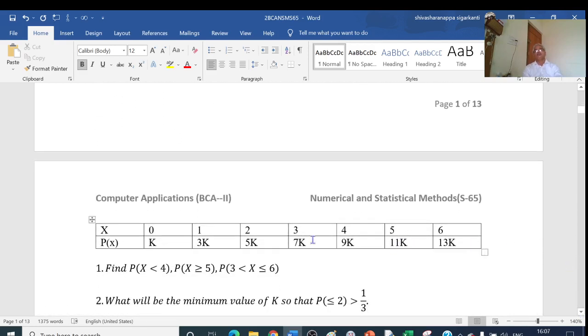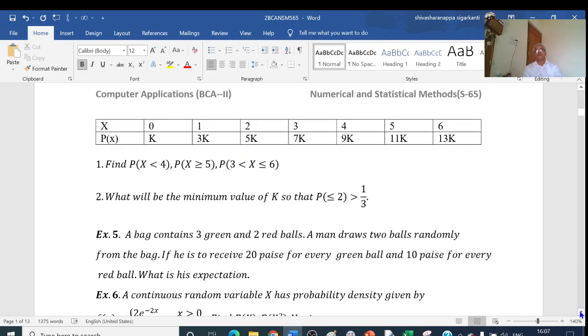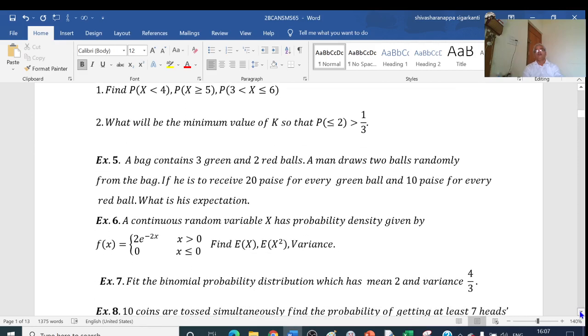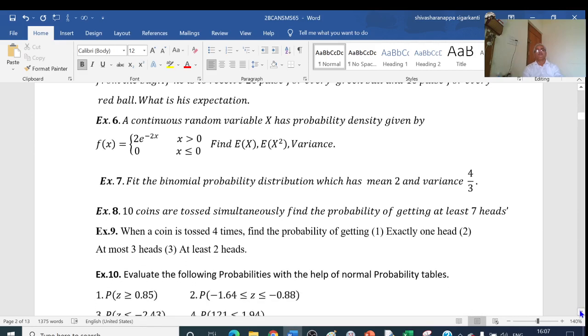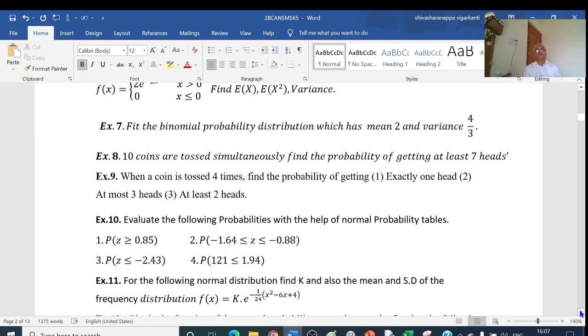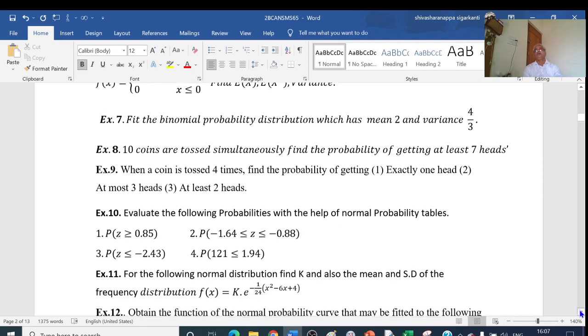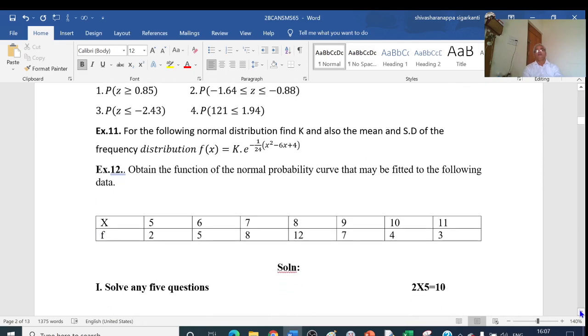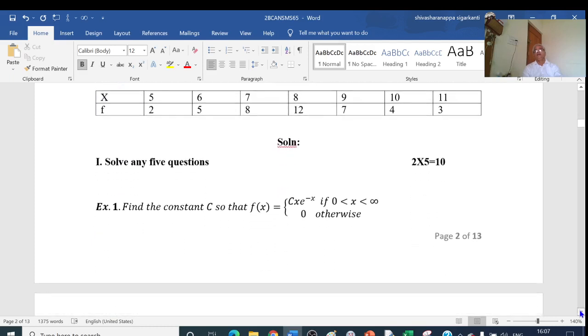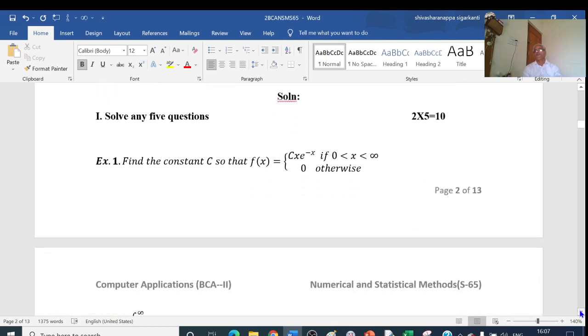And this is one question: finding the value of k, finding P of x less than 4, P of x greater than or equal to 5, P of x lying between 3 and 6. These are the types of questions that come for 5 marks. And here the answers are also given.